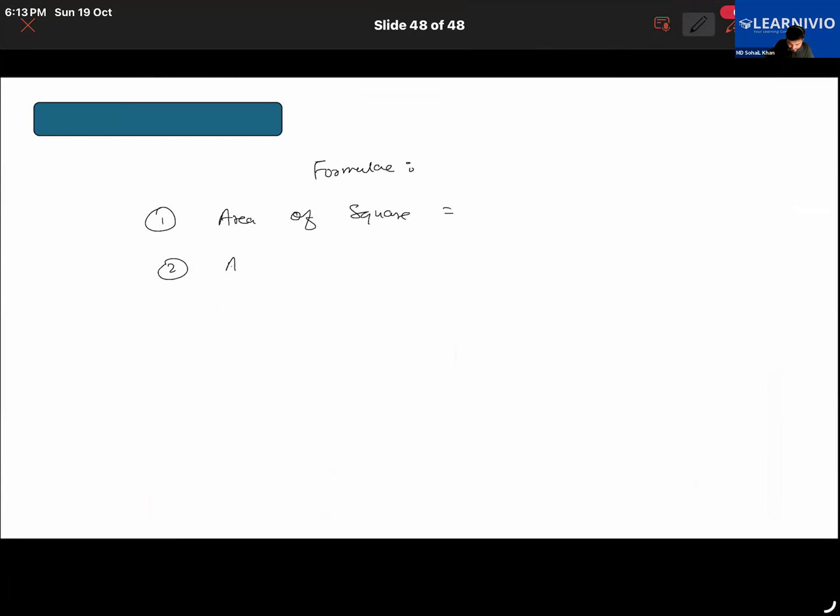Area of a square, side into side. Side into side. Very good. Next, tell me the area of a rectangle. L into B. Correct.